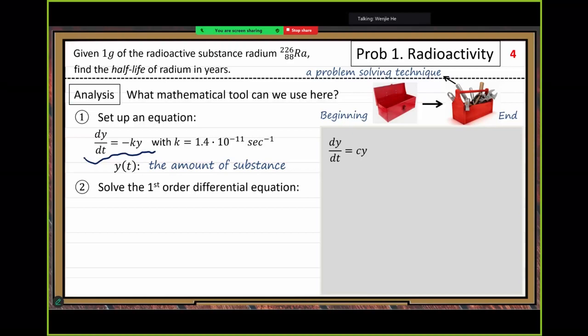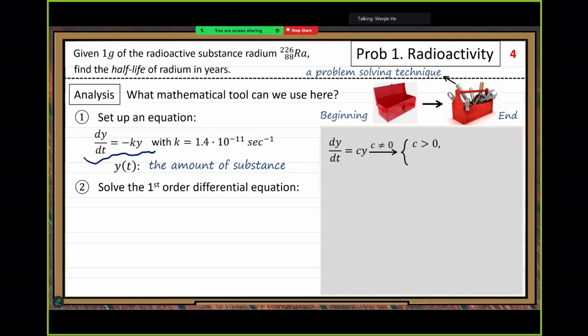dy over dt equals any constant c times y. Let's consider this a little more general case. C could be positive or negative. But C should not be 0, otherwise it is too easy. A non-zero constant.